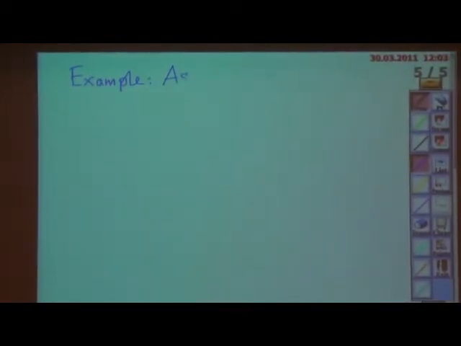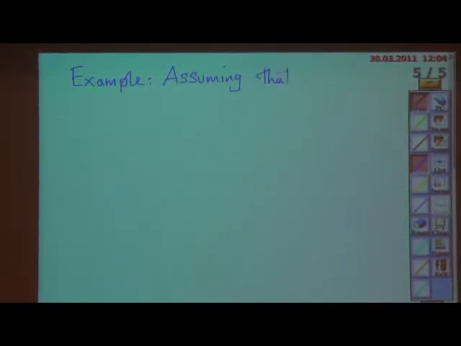Now the question is, assuming that the orbit of the Earth, you know what we are going to assume after all, is a circle. Nothing surprising.